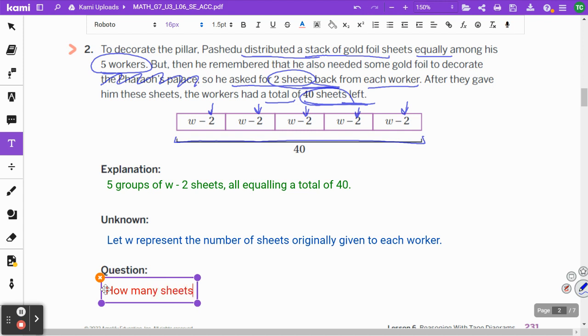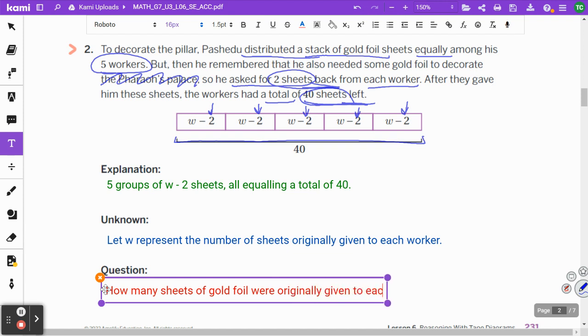How many sheets of gold foil were originally given to each of the 5 workers?